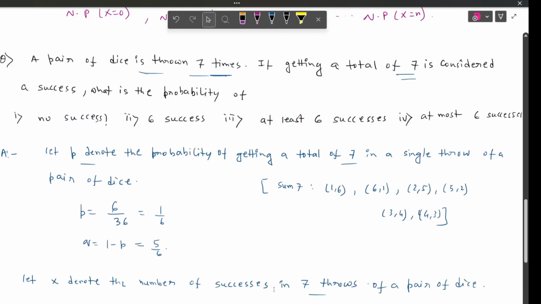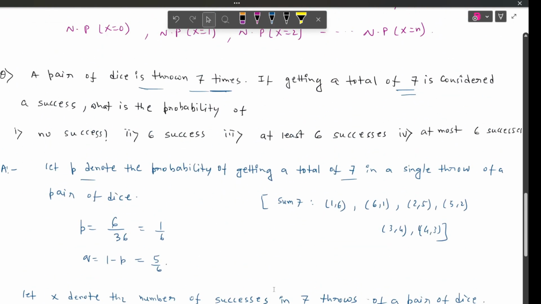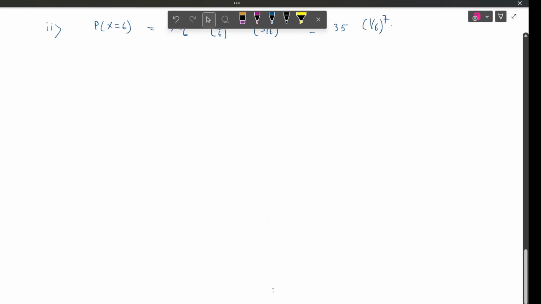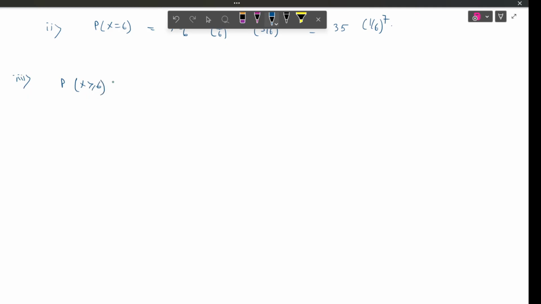So number 3 is at least 6 successes. So we can say at least, that is P of X greater than or equal to 6. At least 6 and higher. So probability of X equals 6 and probability of X equals 7, because X can take values from 0 to 7.